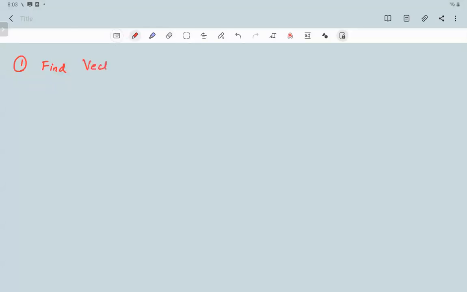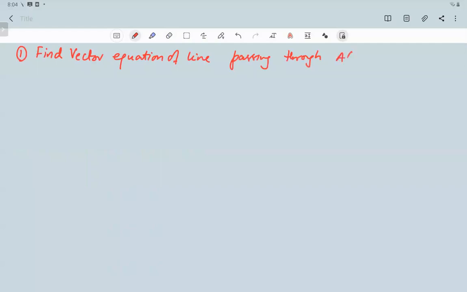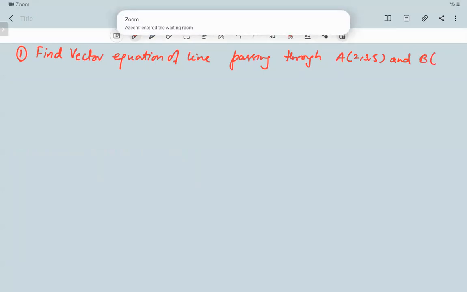Find the vector equation of the line passing through A (2, 3, 5) and B (-7, 1, 6).